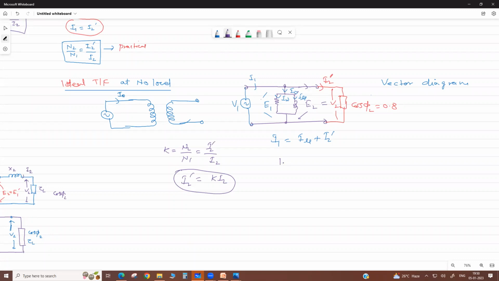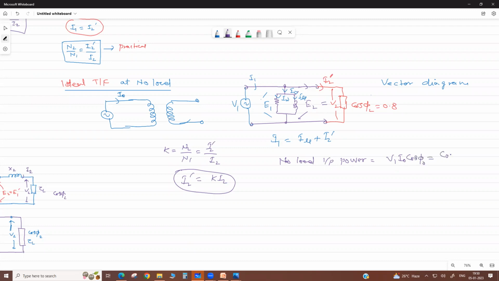So please remember the no load input power to the transformer. At no load it takes I naught current. When this load branch is not there, it takes only I naught from the supply, and cos phi naught is the no load power factor.